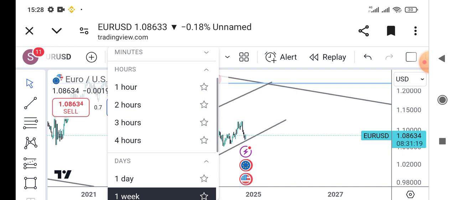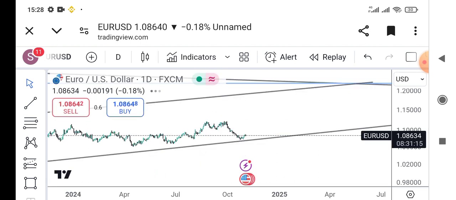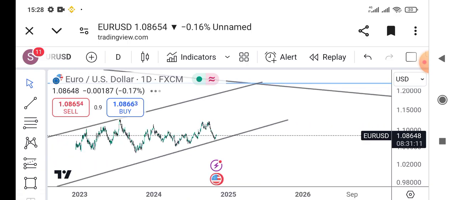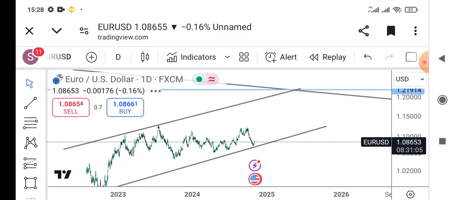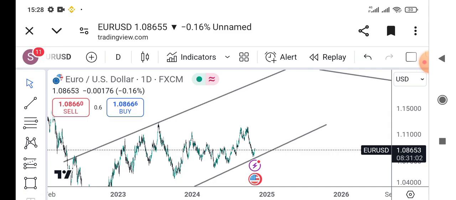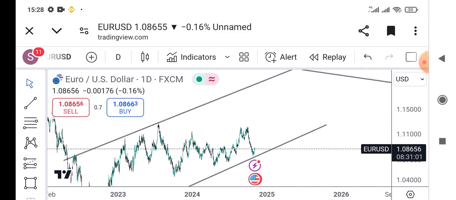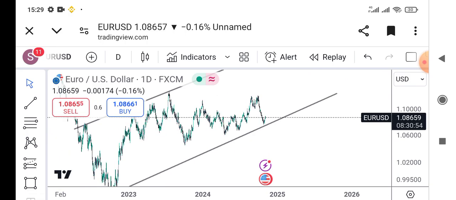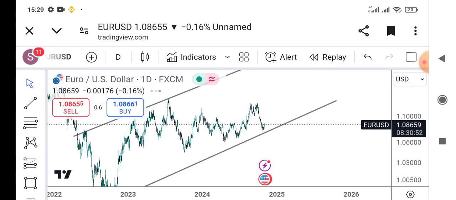Sorry for that. So that one is our daily chart. So on this daily chart, now we have to identify the highest point and the lowest point based on the current price.